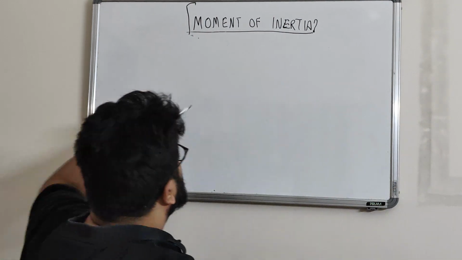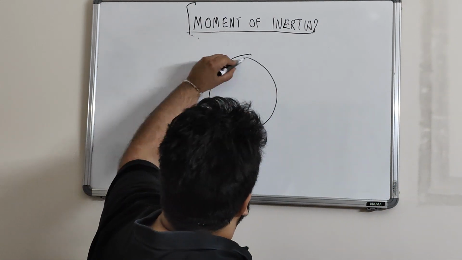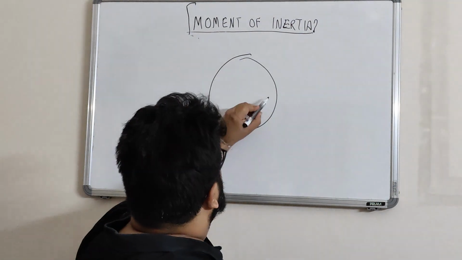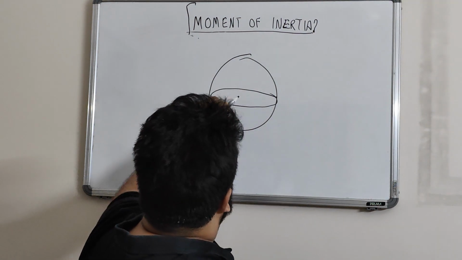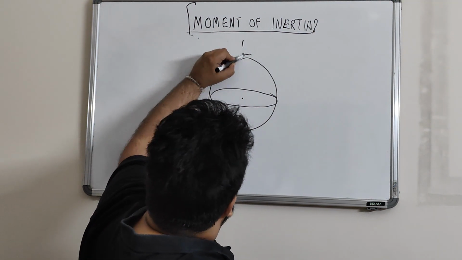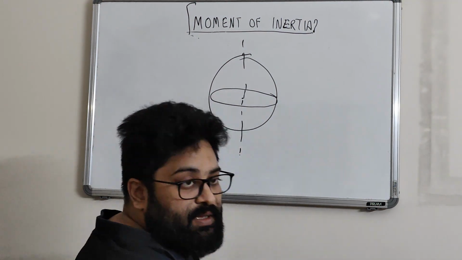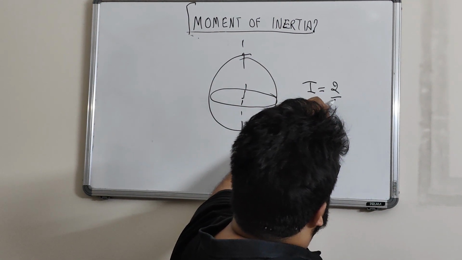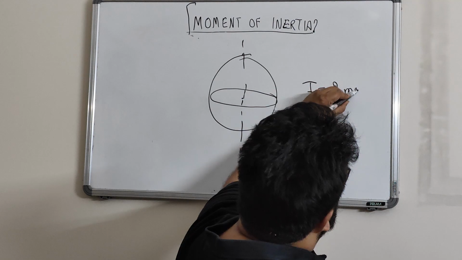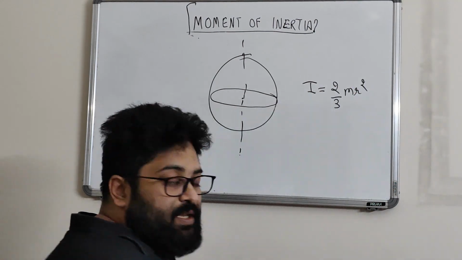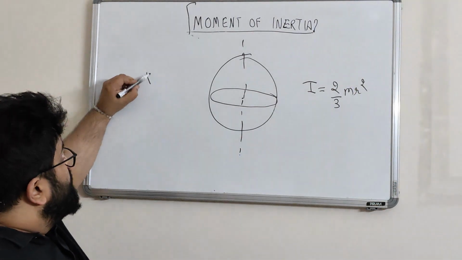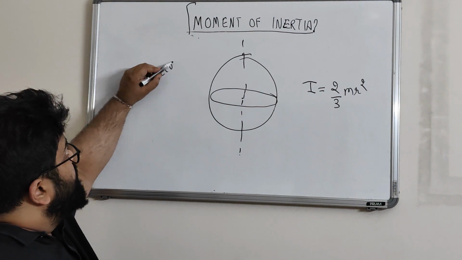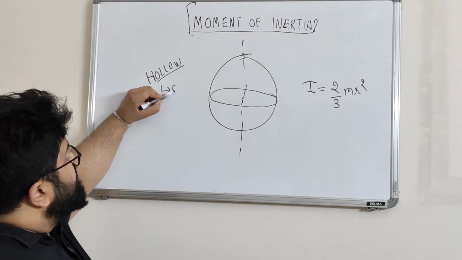Now for a sphere, the moment of inertia is 2 by 3 mr square. But keep in mind, this is for a hollow sphere. It's also called a shell.